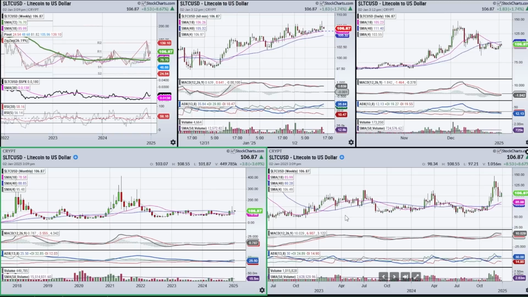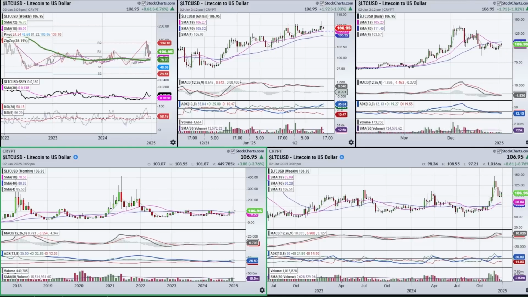Now, one of the ones that did catch my eye when I went through this is this Litecoin. Again, the pullback is a little harsher than I like to see, and I do think we need to get back above this. But look at this long sideways pattern and the way this has developed, and then look at what's newly emerging here. So yeah, get this back above this resistance area.